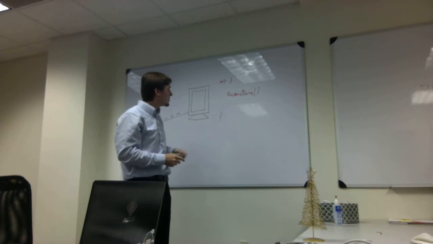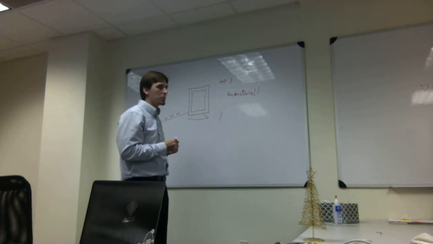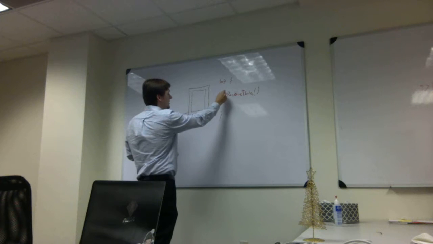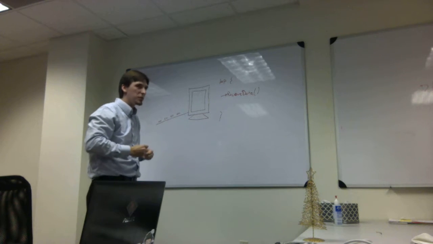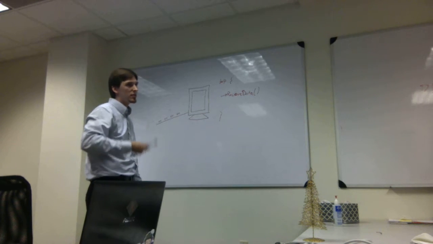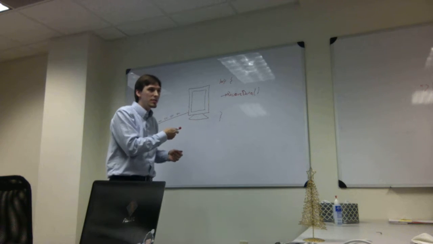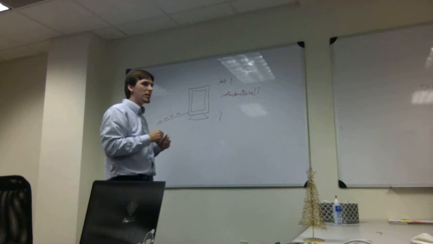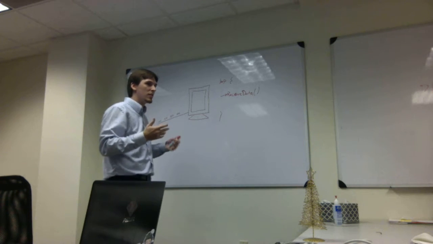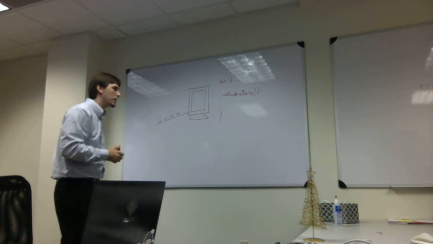So the only problem with this loop is that every time you hit receive data, if there's no data available to read, it just sits there. So it's blocking. That is an issue when you want to fully use the resources of your computer, right?